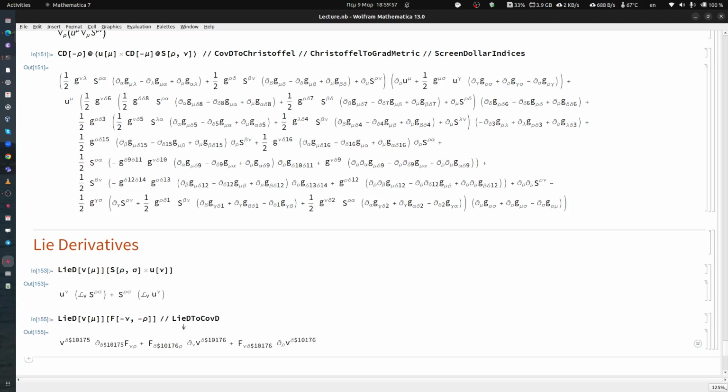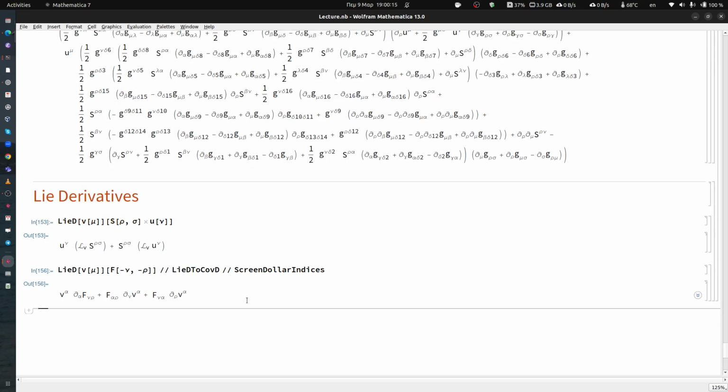And that gives us the result in terms of the covariant derivative, partial derivative. So that is a familiar expression.